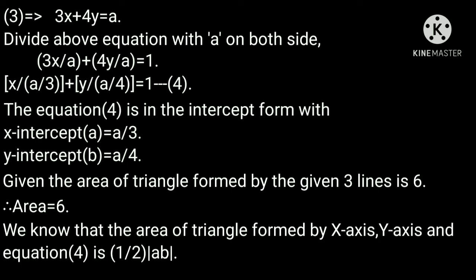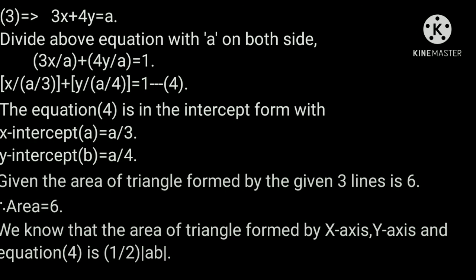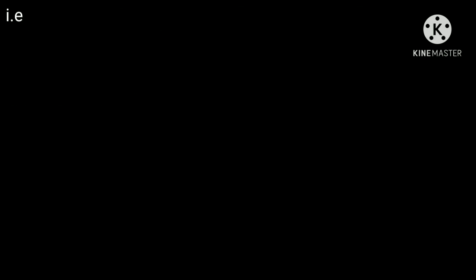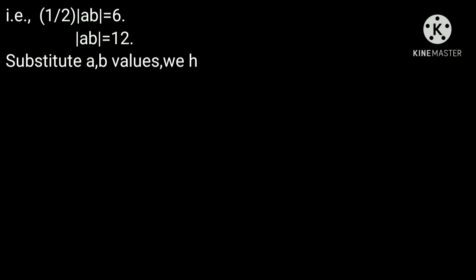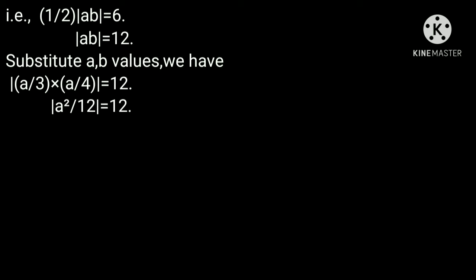We know that the area of the triangle formed by the x-axis, y-axis and equation 4 is half into modulus AB. That is half into AB equal to 6. From this, AB equal to 12. Substitute here the a, b values, that means the x-intercept and y-intercept values. Then a by 3 into a by 4 equal to 12.